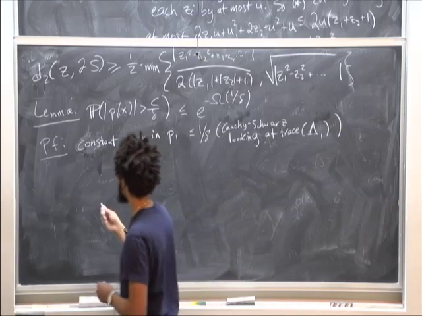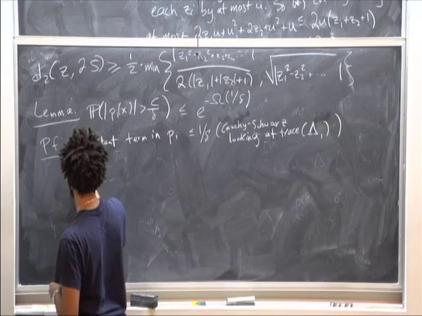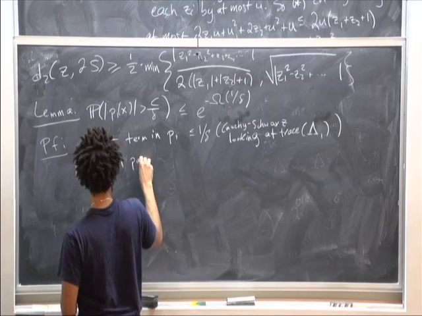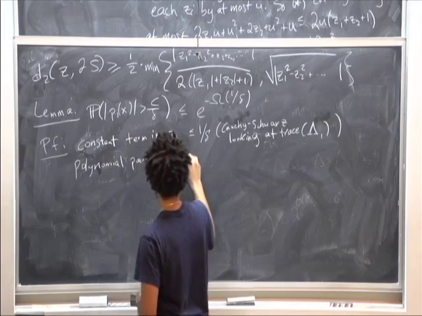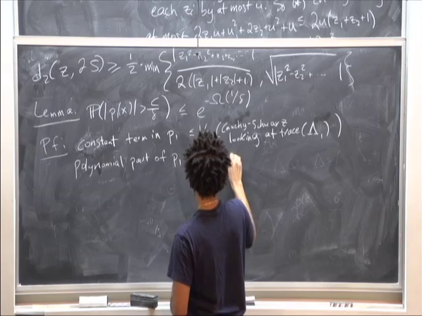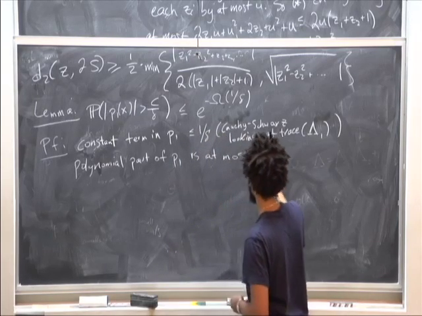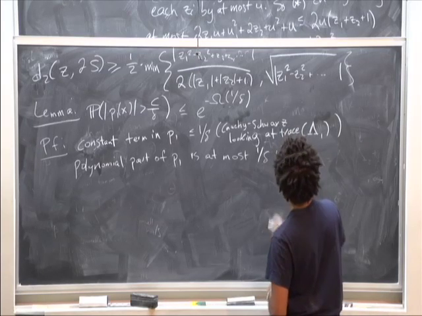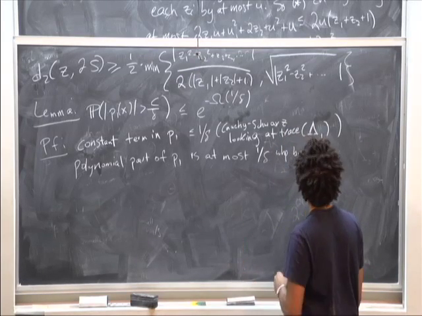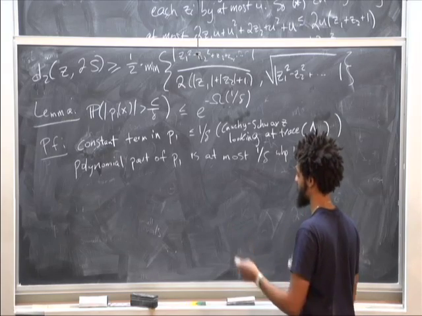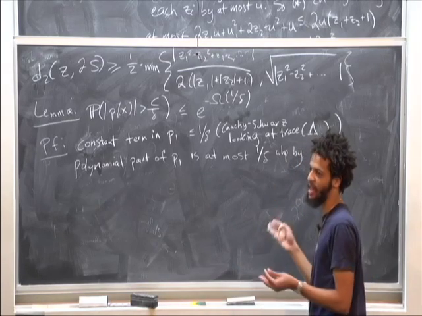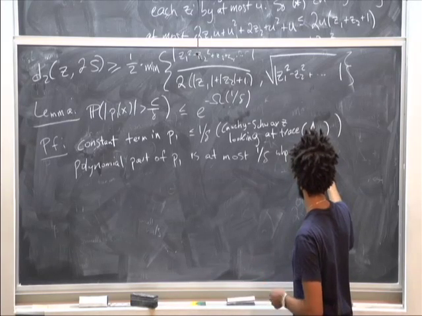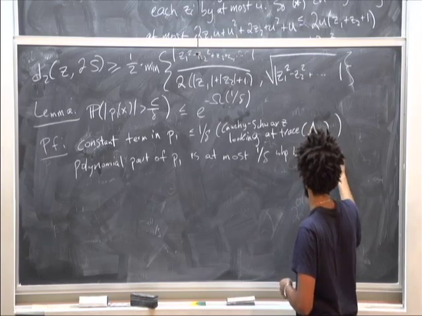And then the polynomial part of P1 is at most 1 over delta with high probability, by just applying, say, Hanson-Wright, or even the k to the k bound that you had for degree 2 polynomials, generic degree 2 tail bounds.